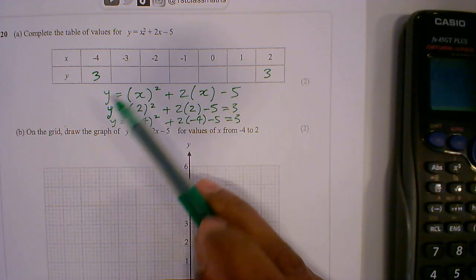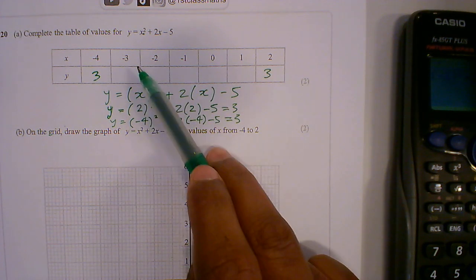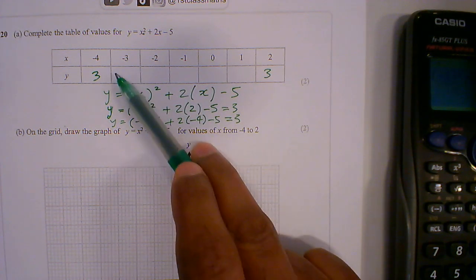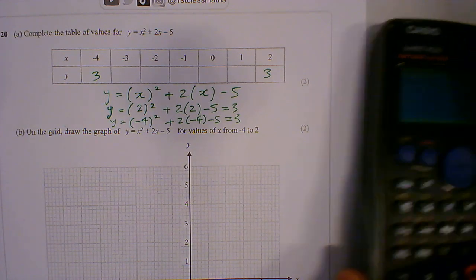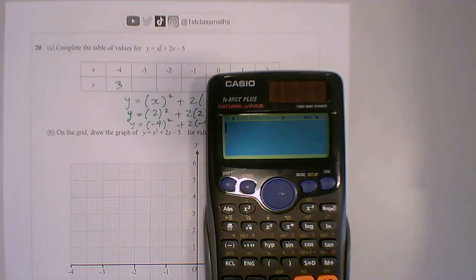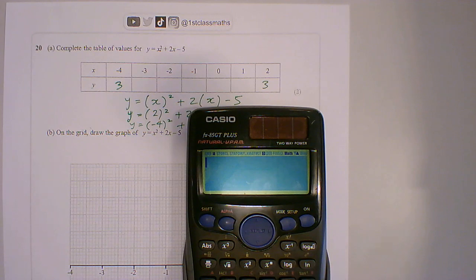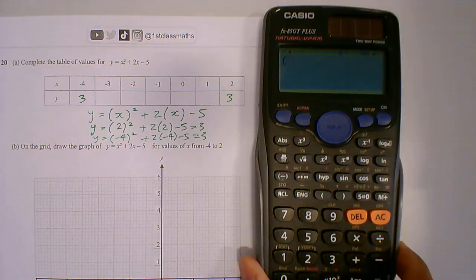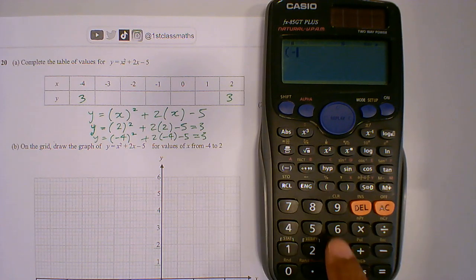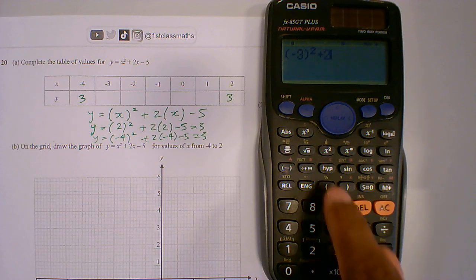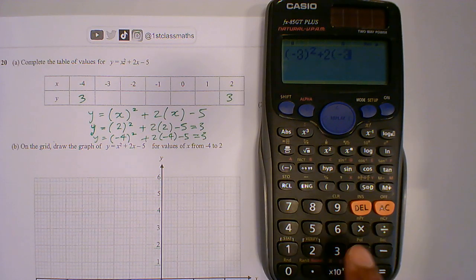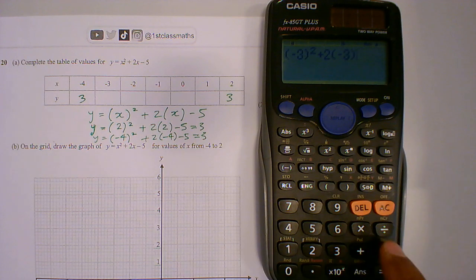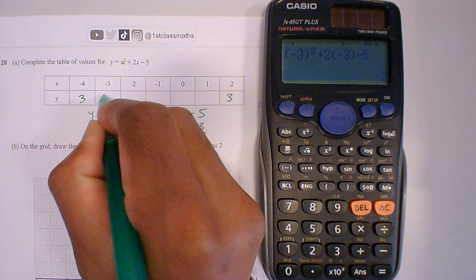With the others, I'm not going to write them out, but where it has a number, I'm going to replace it with the x value. I'm just going to type it in the calculator and you will see me do that. So bracket minus 3 close bracket squared plus 2 bracket minus 3 close bracket take away 5 gives me minus 2. Write that in there.